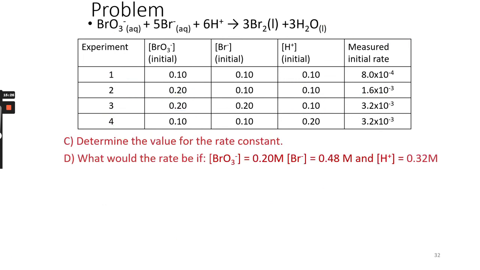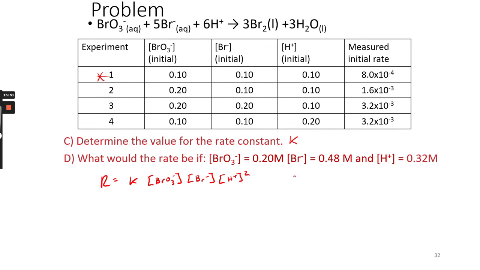Now determine the value of K, the rate constant K. So we have our rate law, and we have the rate and the concentration. So just pick one. I'm just going to pick the first one and plug in the data for it.